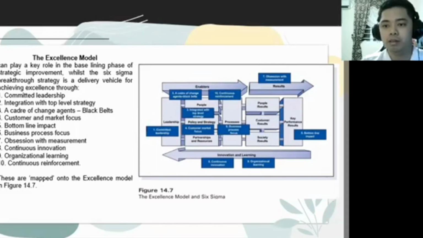Next is integration with top-level strategy, a cadre of change agents, black belts, customer and market focus, bottom line impact, business process focus, obsession with measurement, continuous innovation, organizational learning, and the last is continuous reinforcement.